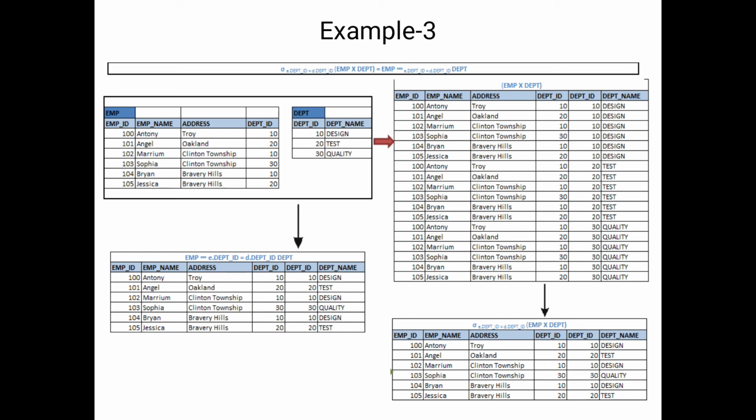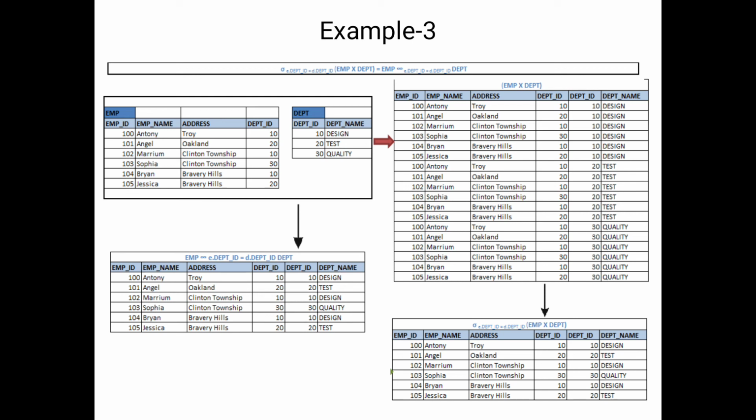First, in the LHS, we join the employee table and department table. Here we apply a simple cross product. How to apply the cross product, we have already discussed at the time of relational algebra expressions.